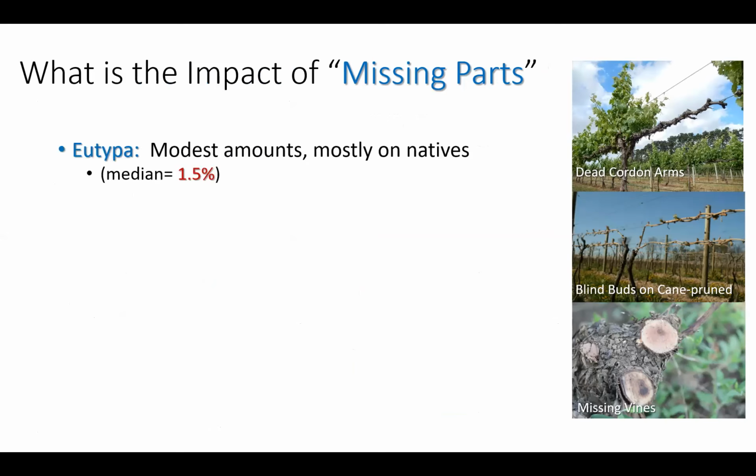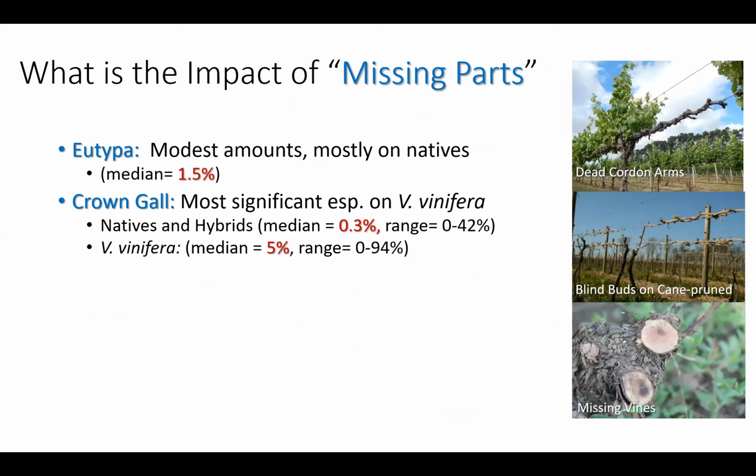Here we go. Eutypa, visible Eutypa at least, modest amounts, mostly on native grapes. Crown gall is the most significant pathogen that we've identified, with a smaller amount on the natives and hybrids, but a larger amount on the vinifera. That's undoubtedly affected by their relative cold hardiness and the winter injury that they get.